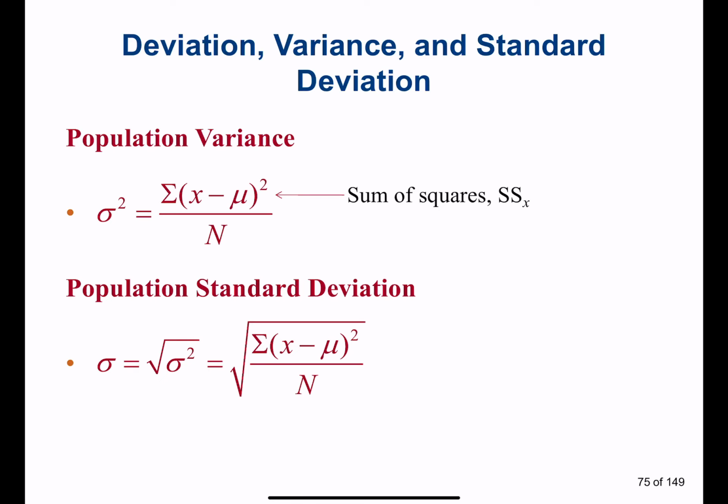So let me explain this. First of all, let's understand what variance means. Here is an example. Let's say I have family overseas, and on Christmas I'm trying to send them a present, some package.